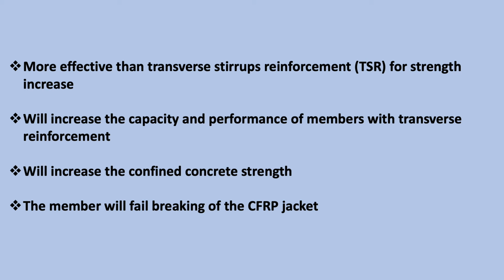And it has also been found that the use of carbon fiber reinforced polymer jackets could increase the capacity and performance of members with transverse reinforcement. They will also increase the confined concrete strength. It has also been found that the failure mode of such members was by the breaking of the carbon fiber reinforced polymer jacket.